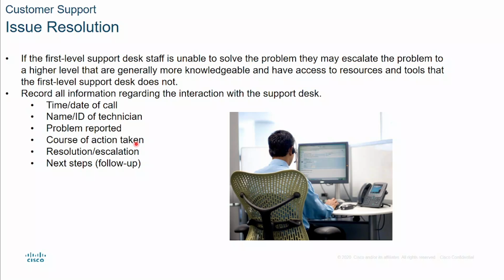For the issue resolution, when it comes to the support desk, there are different levels. There's level one, level two, level three, and even level four sometimes. Once you make a call or contact the support desk, the person that takes your call is usually a first level support desk staff.